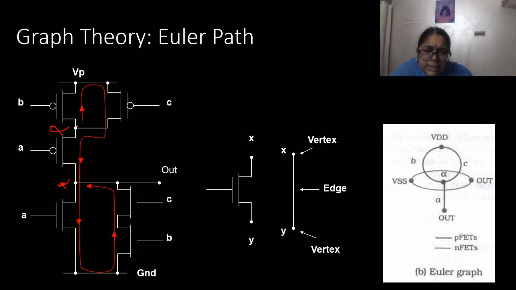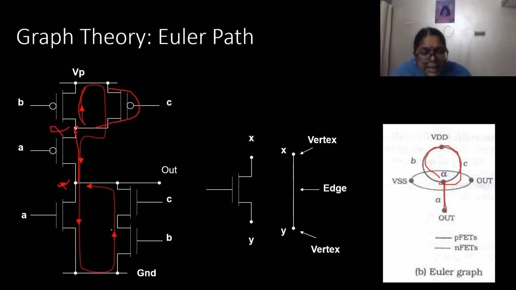So this is the point we are taking. This path is transistor B, indicated by this edge B. Similarly, this part is transistor C, indicated by this edge C, and then to this point alpha you have one transistor A, indicated by this edge A. This is for the PMOS transistors.